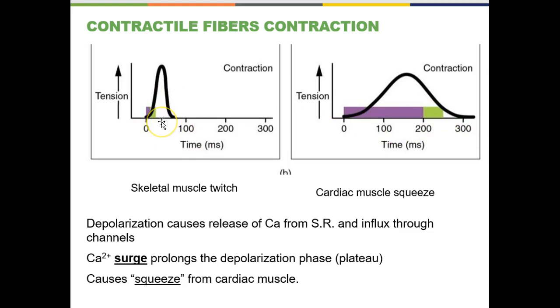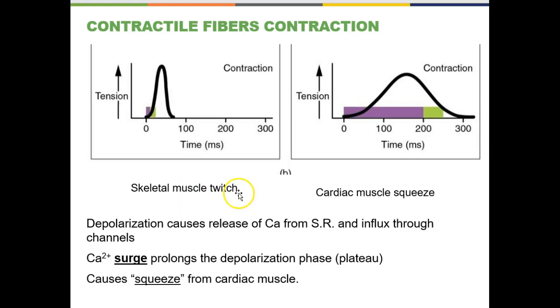Whereas here, this is a skeletal muscle contraction because it is not depolarized for as long, and the sarcoplasmic reticulum isn't releasing calcium for as long. The contraction is less than 100 milliseconds in a skeletal muscle.